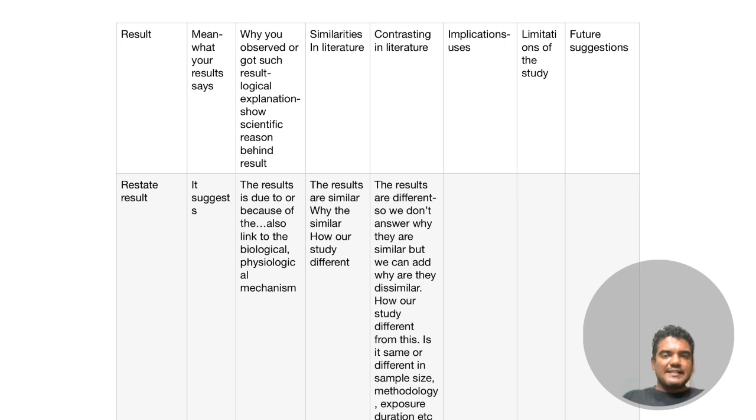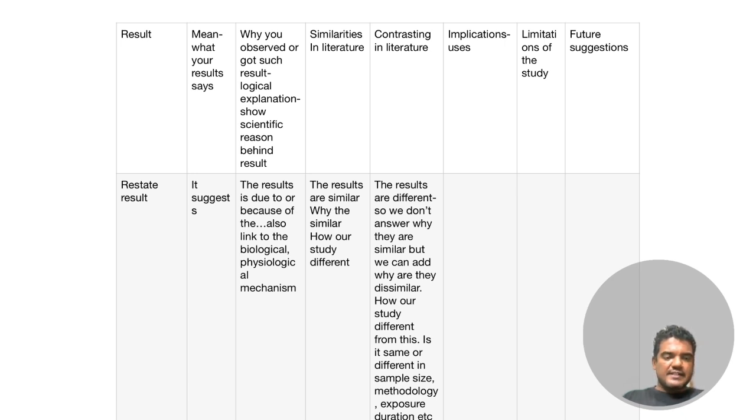After that we have to write the similarities that are present in the literature. Suppose there is one more study, maybe in some other cancer cell lines, where the same drug might have been used to show that this drug has anti-cancer property for that particular kind of cancer. So we have to cite the similar results from the literature.